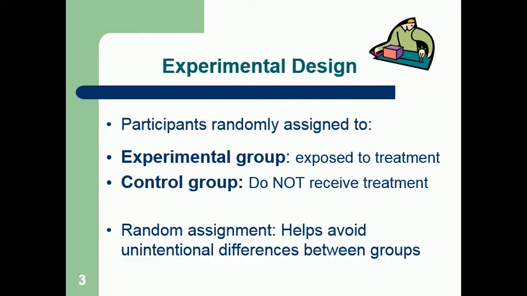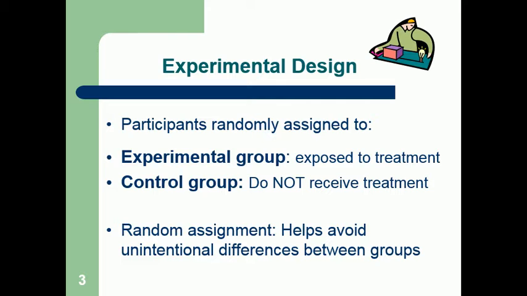In an experimental design, you're able to assess causality, and this is because people are randomly assigned to different groups. In the case of an experimental design where you have only two groups, you would have one experimental group. This is a group that's exposed to some treatment. So if they're in a randomized controlled trial, these would be the people who are getting the pill that actually has an active ingredient.